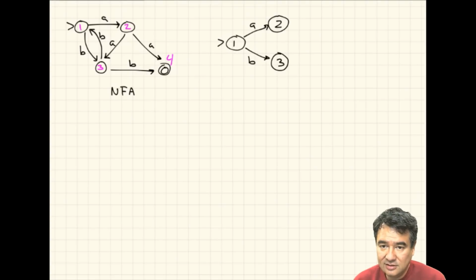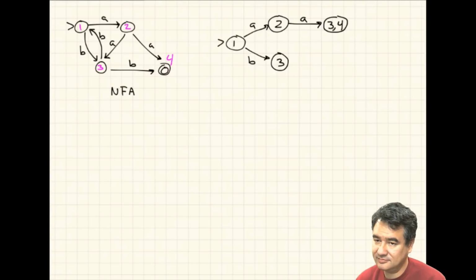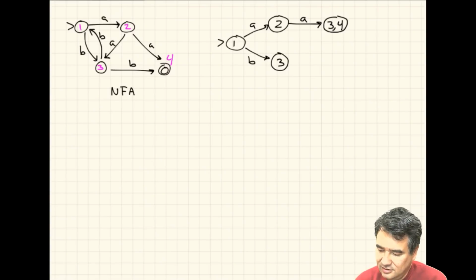We see two doors labeled A. Instead of drawing two doors, I'm going to merge those together into one door labeled A. As you can see from the diagram, door A leads us to room 3 and room 4, so we're going to consider those two rooms to be the same room. So door A out of room 2 goes to 3 and 4. And there is no door B on room 2, so we're done with room 2.